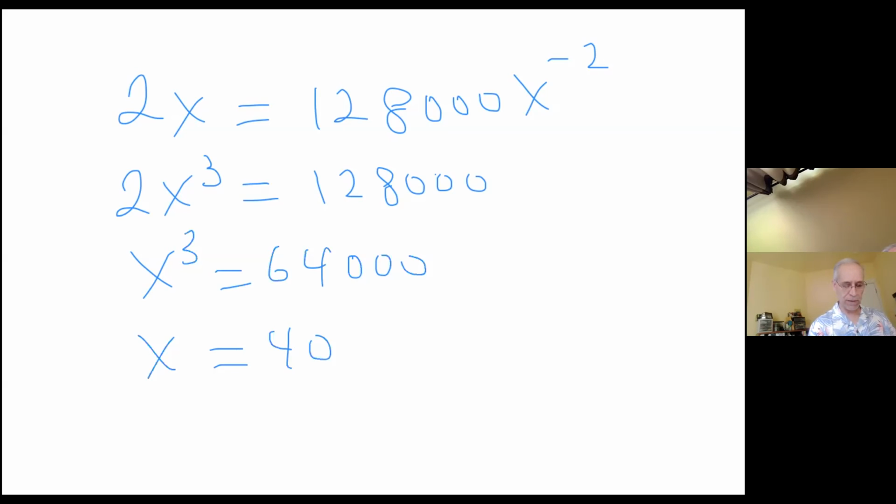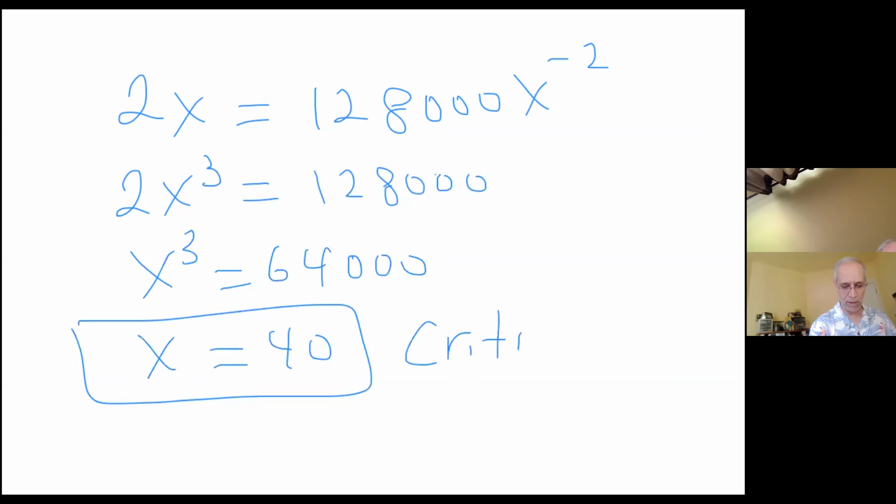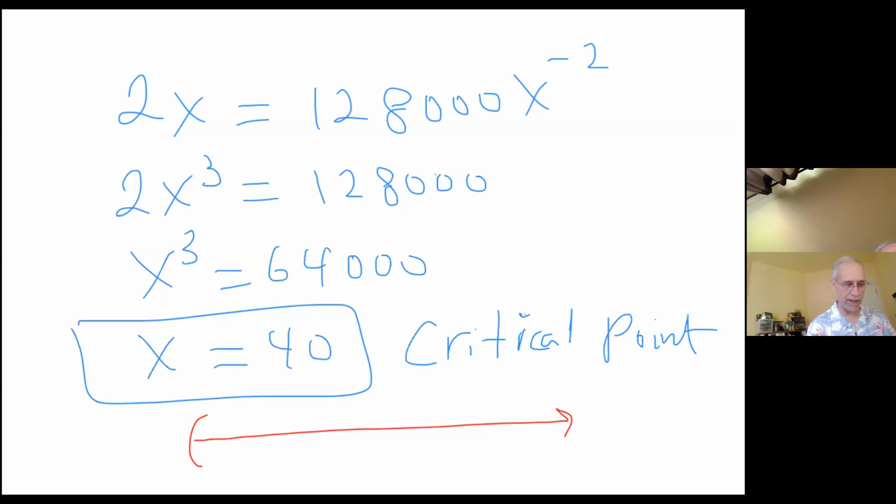So now I know that is my critical point. The size of my cardboard starts from 0, 0 is not included, and potentially can go for a while. And we said that 40 is my critical point.